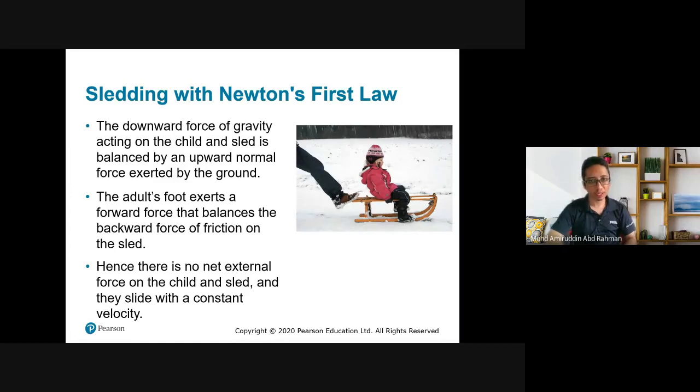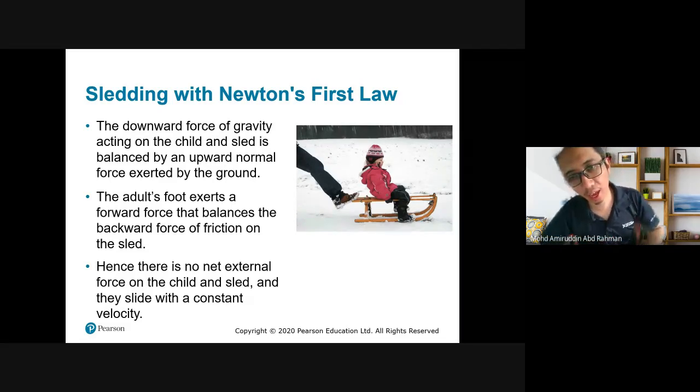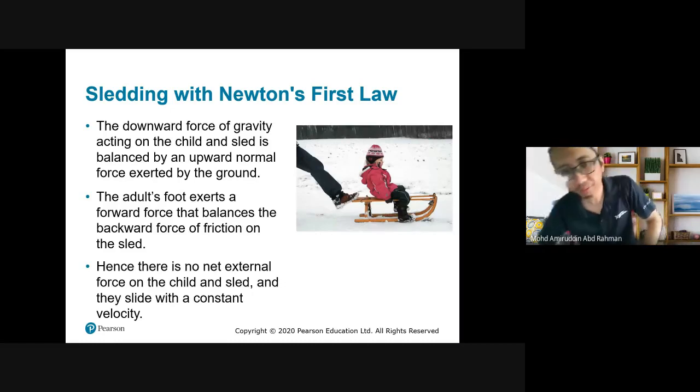Okay, so you remember that we have four types of forces. We have weight, we have the tension, so we have the pulling force, and then we have the normal force.